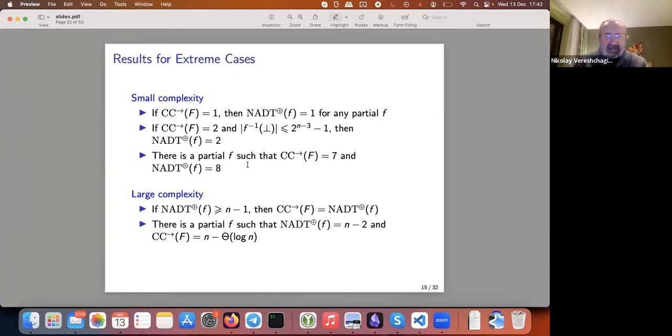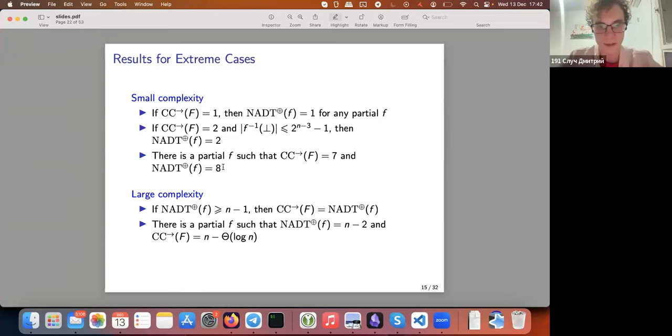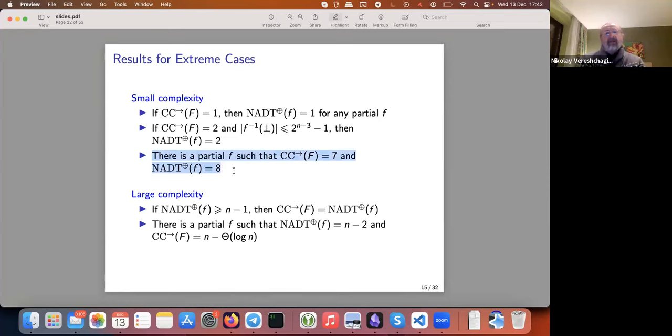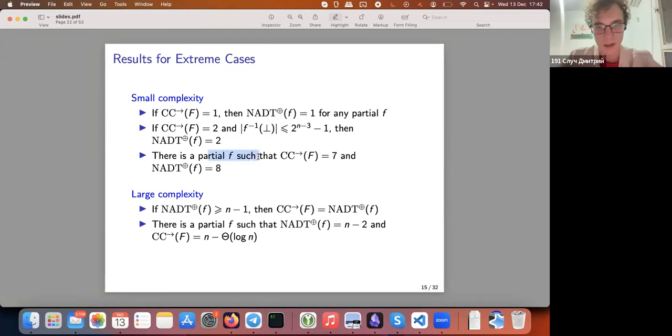And if it is 7, it's the smallest. Without any upper bound on the number of undefined points, it is at most 8. There is a separation.